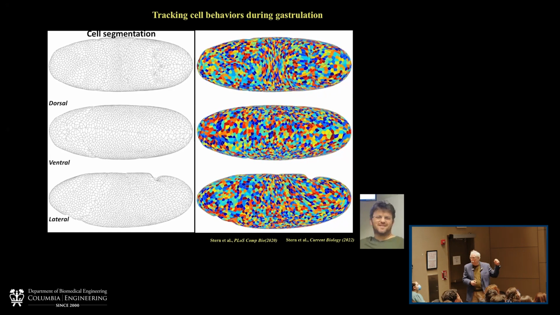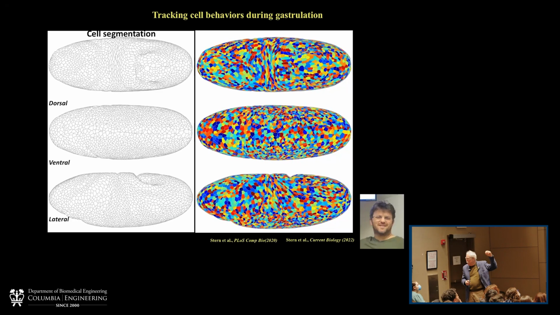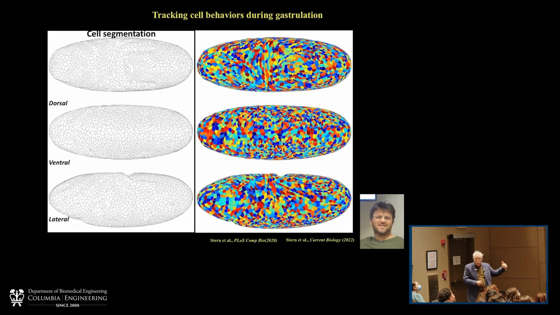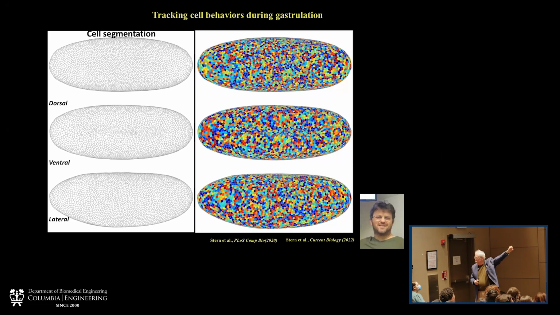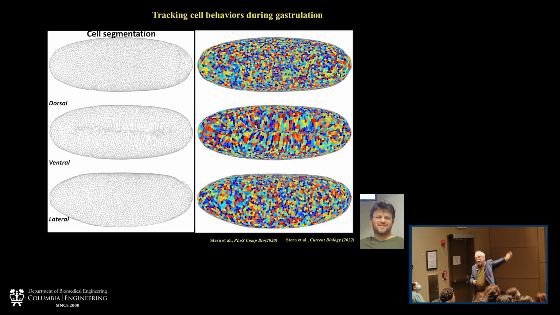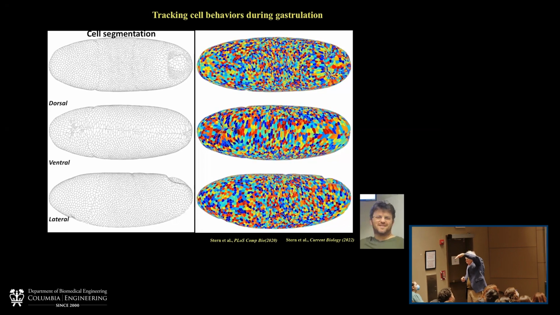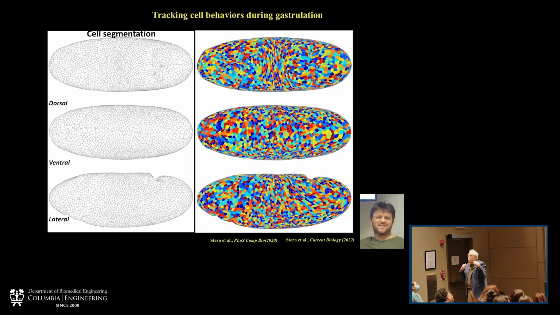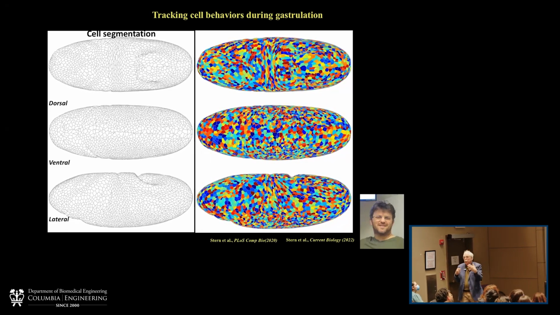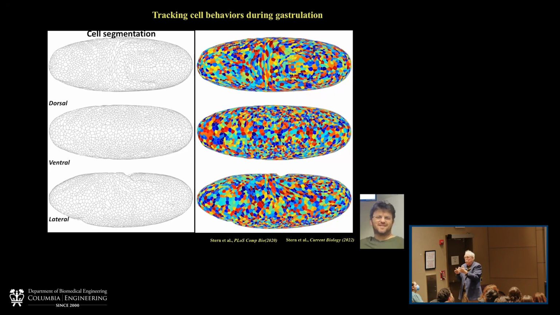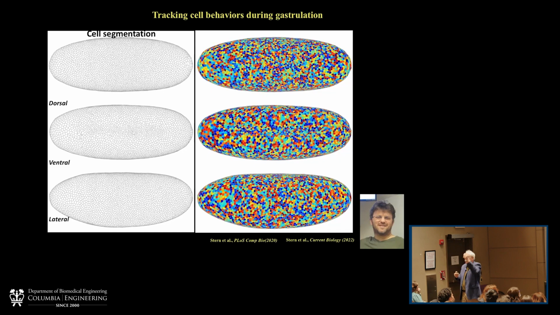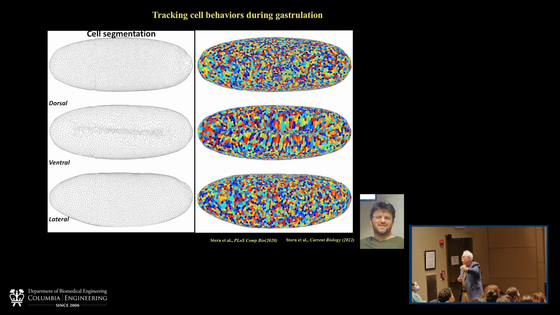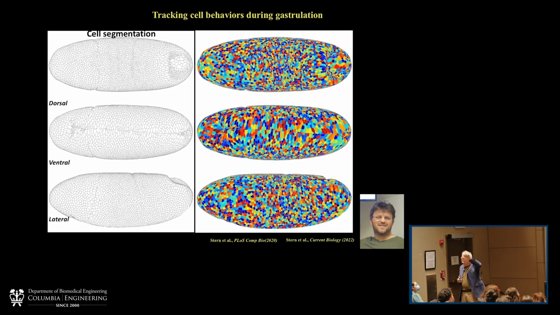And because we can track them and give individual cells names and numbers, we can not only follow the cells through development, but we can start at an end stage of development and track them back to the blastoderm. And that becomes important because we know from other studies, which I'll describe briefly, that at this early blastoderm stage, the cells are highly and very specifically programmed with individual transcriptional patterns.